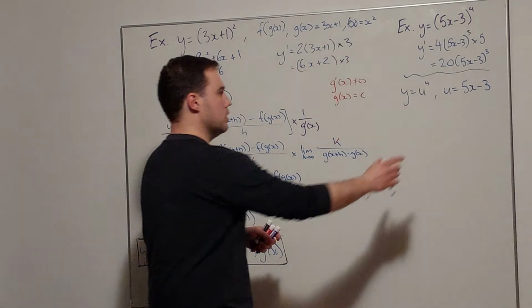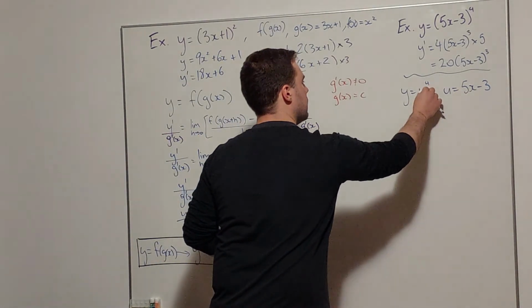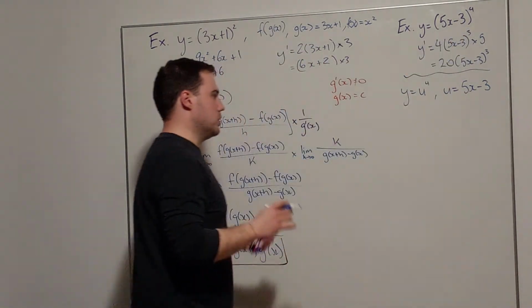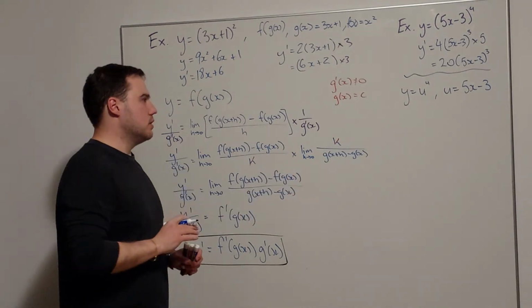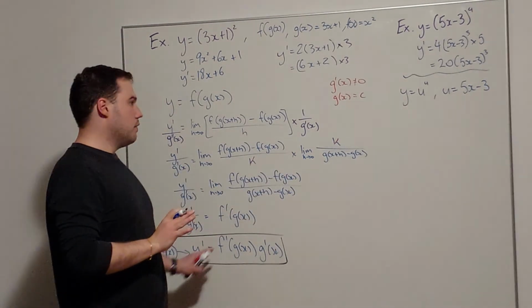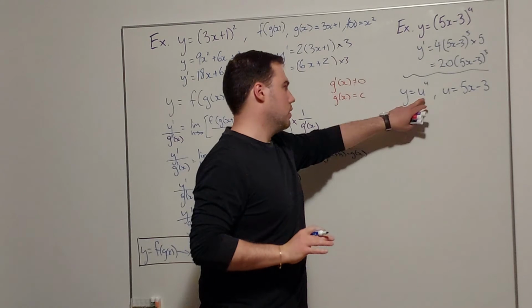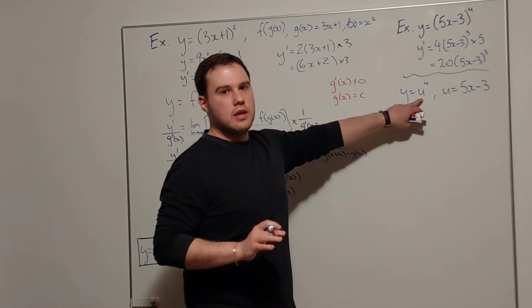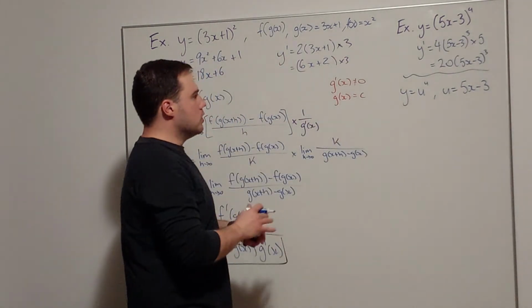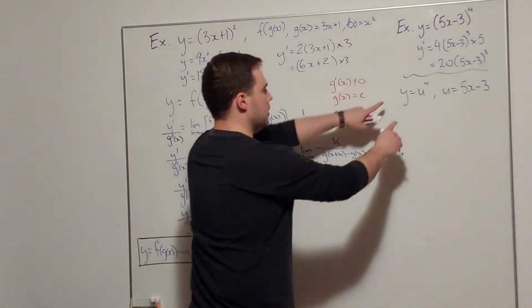If we substitute 5x minus 3 back in there and raise it to the power of 4, we've got that. But we're distilling out the separate functions, the g function going inside the f function. So we can differentiate each of these separately.